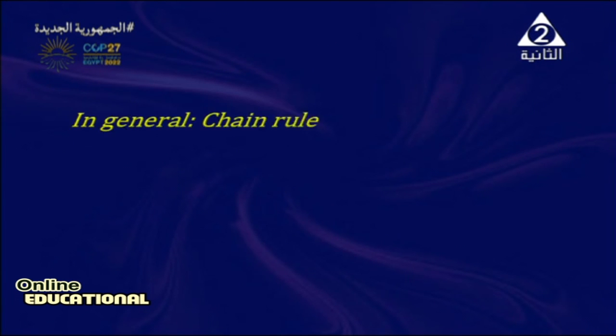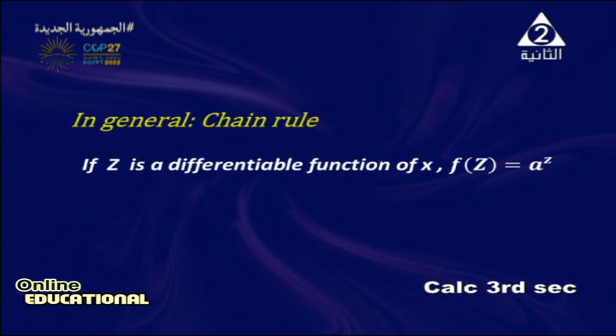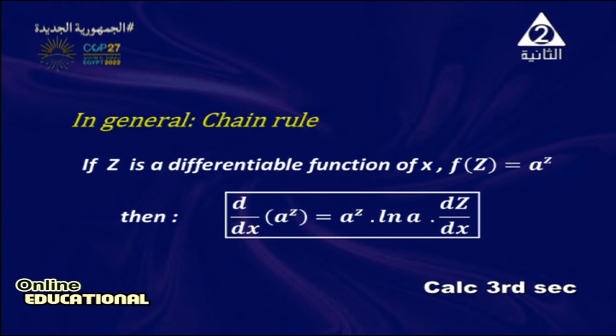In general, by the chain rule, if z is a differentiable function of x and f(z) equals a to the power z, then the derivative of a power z with respect to x equals a power z multiplied by ln a dz/dx.